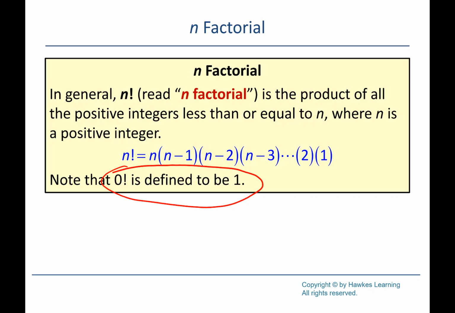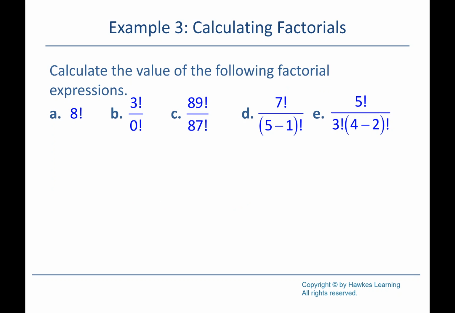Some neat things happen when you start working with these expressions. So we've got 5 different factorial expressions we want to simplify. Each one of these should just simplify to some number. So let's do A. I've got the other ones on their own slides.